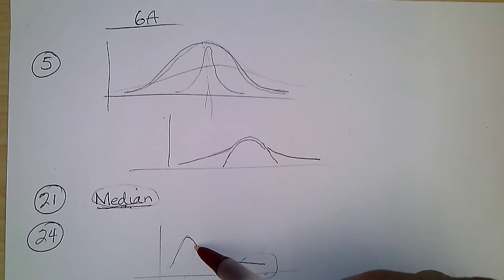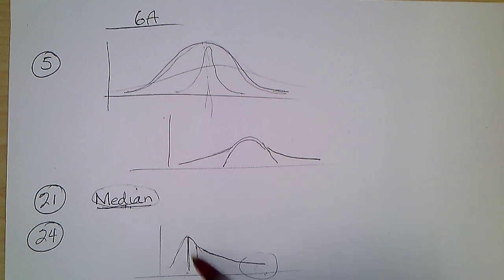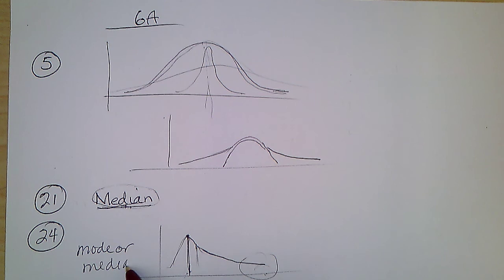So the mean would be influenced by these outliers. So they would probably use the median, which would bring you back closer to, or maybe even, the mode. So the mode or median is the average they would use.